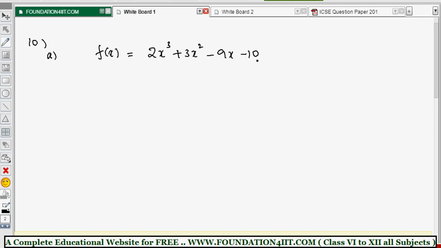So the factors of 10 are 1, 2, 5, 10. So we can take plus or minus 1, plus or minus 2, because the constant is minus 10. Only the factors of 10 should be taken, and plus or minus 5, plus or minus 10. These are all from the constant term 10, right? So therefore, trial values.